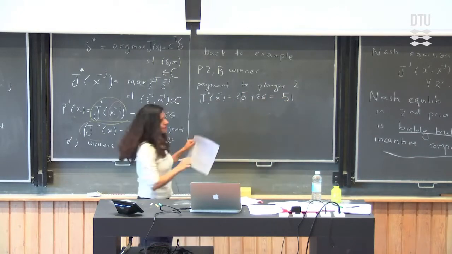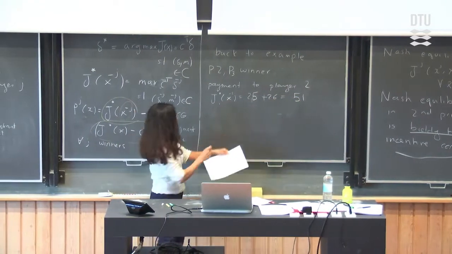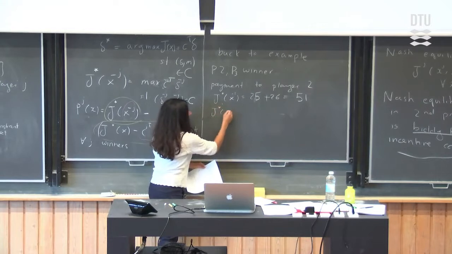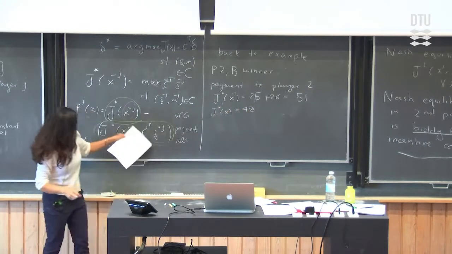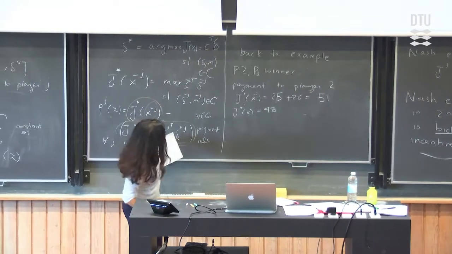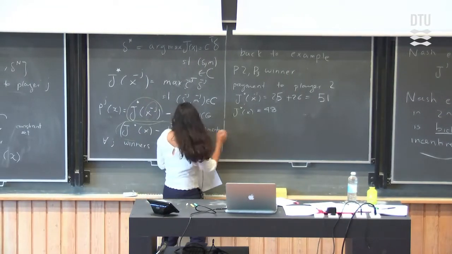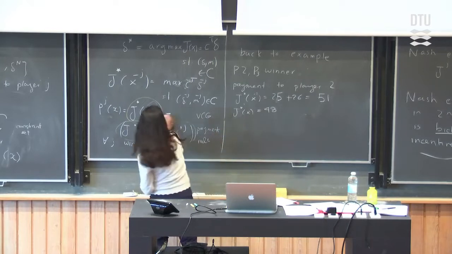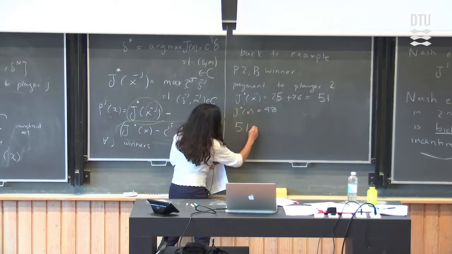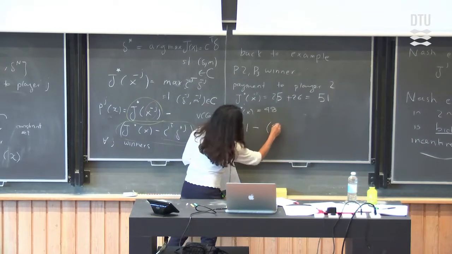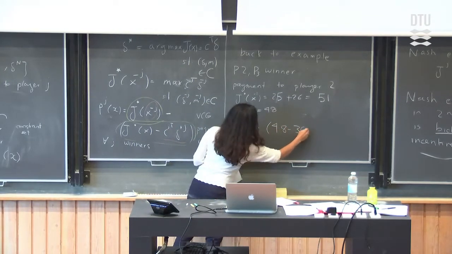51. When player 2 was in the game, the J star of x was 48, and player 2's accepted bid was 30. So at the end of the calculation, this equation will give me 51 minus 48 minus 30.